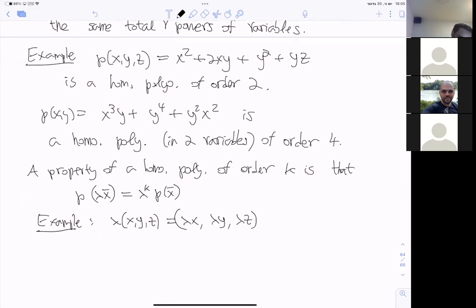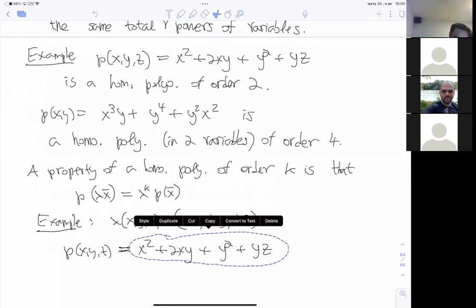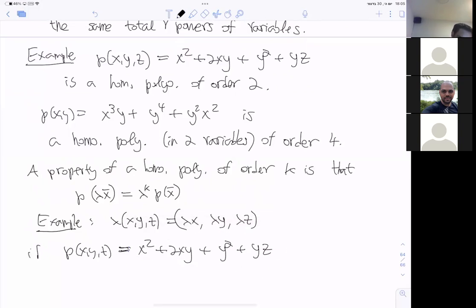So if P is like we said before, then P of lambda x is like taking out, because it's of order 2, lambda squared is here, lambda squared is here, lambda squared is here.